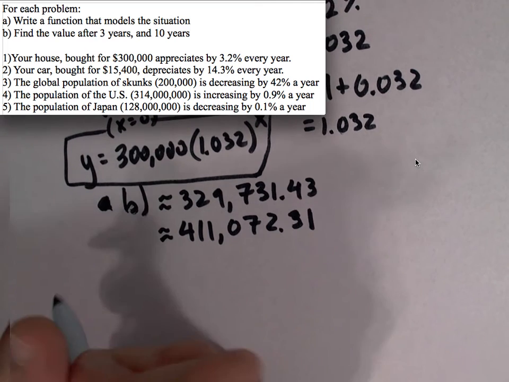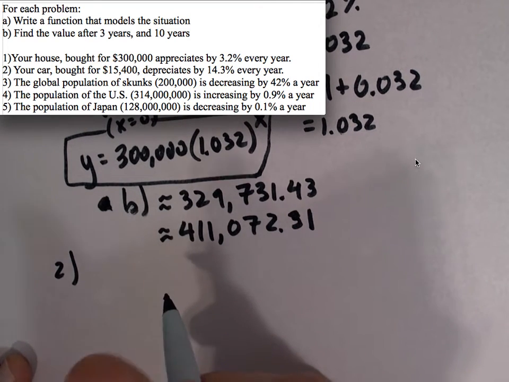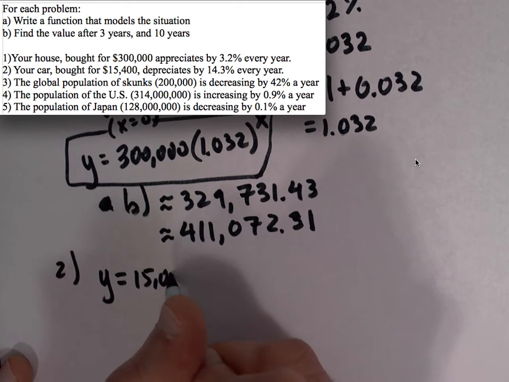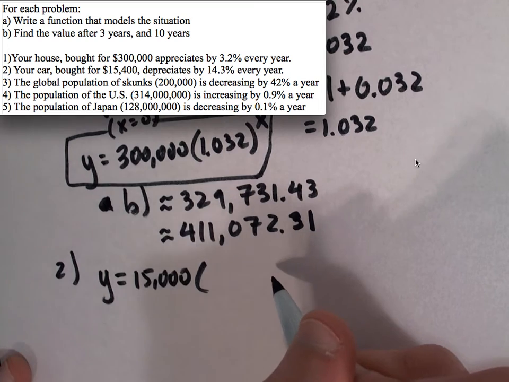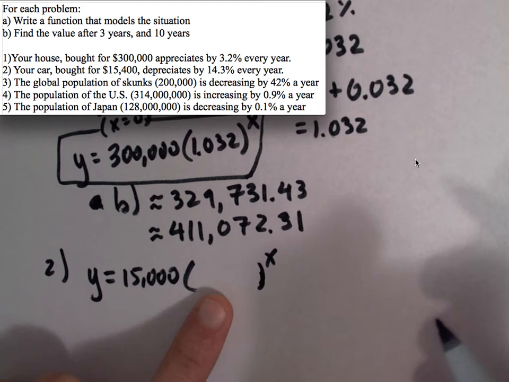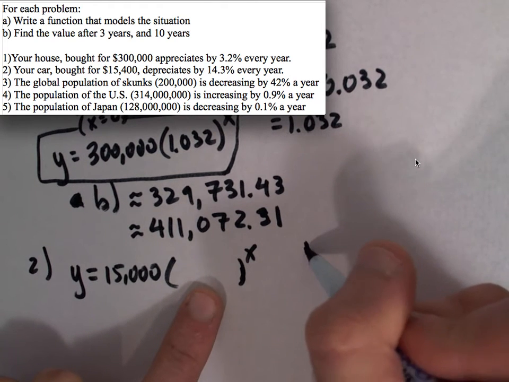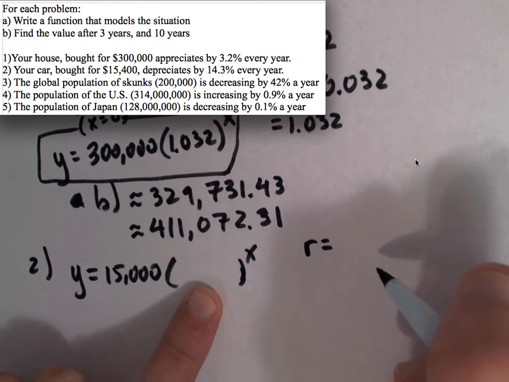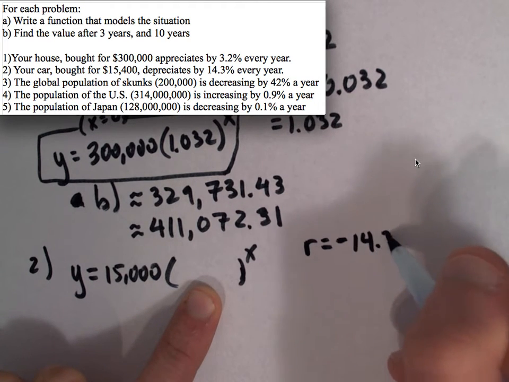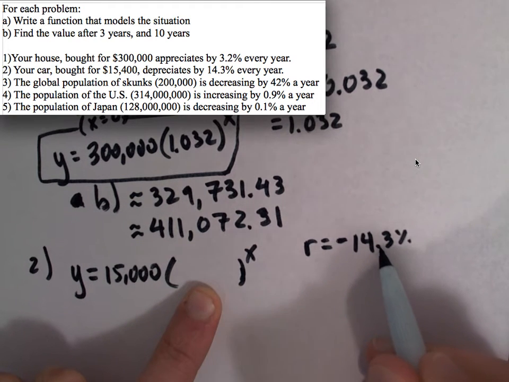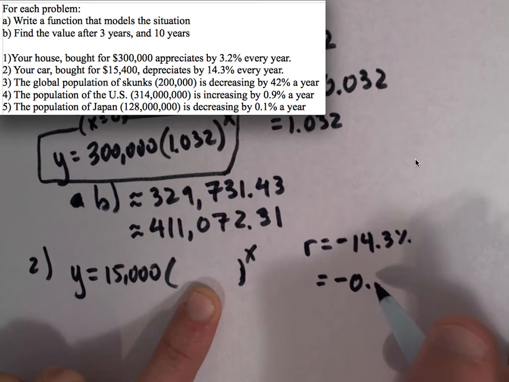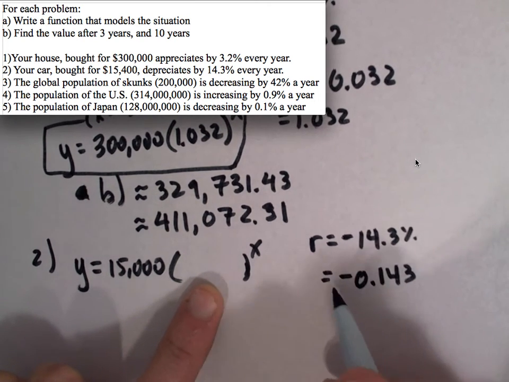Okay, the second one, number 2. Let's say you've got a car bought for $15,000. Again, that's your initial value, so a equals $15,000. And it is depreciating by 14.3%. So we need to figure out what our b is. First off, our rate of decrease: depreciating means to go down, so it's a minus 14.3%. To convert that to a decimal, move it over twice. We have negative 0.143, so our r is that.